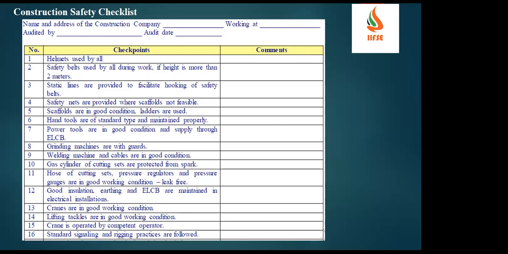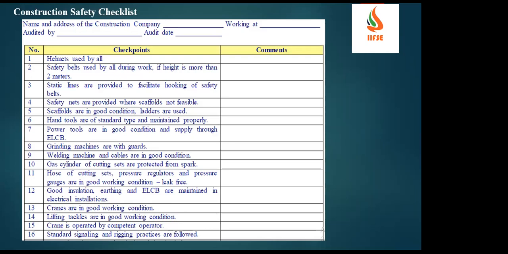The lifting tackles must be in good working condition. Whatever lifting tackles you are using, for example wire rope slings, D shackles, eye bolts, chain slings, web slings, all of these must be inspected and made sure they are in good condition.